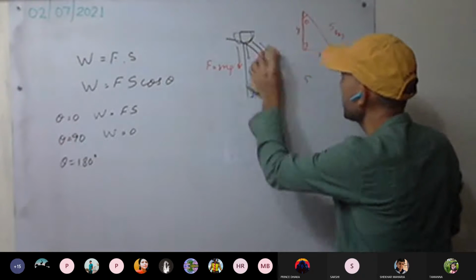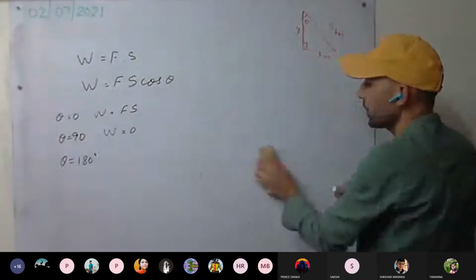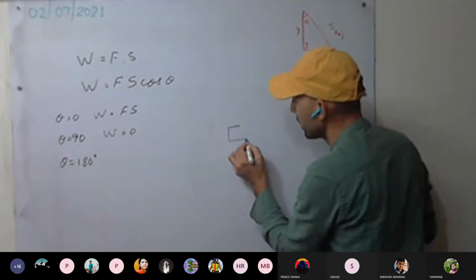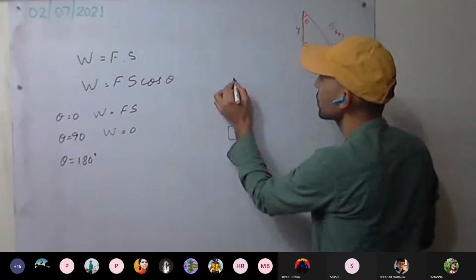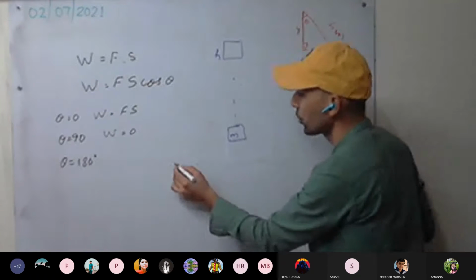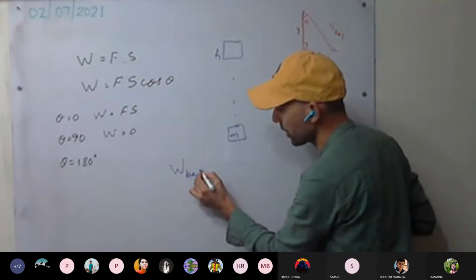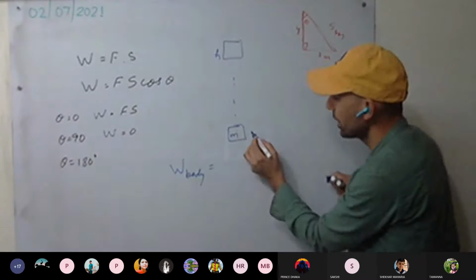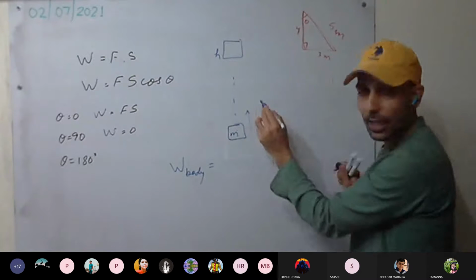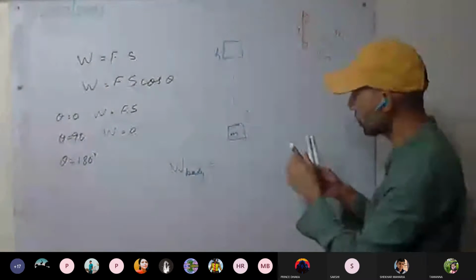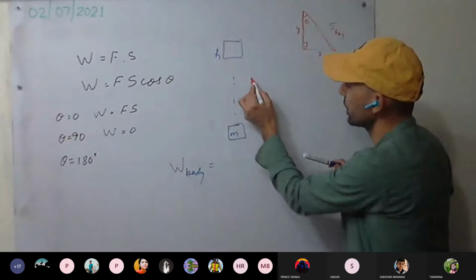Now, for example, a body has to go to some height. This is the body and it has to go to the height of h. Its mass is m. So what will be the work done by the body? Work done means the body has to apply force in this direction, and it also has to move in the same direction.